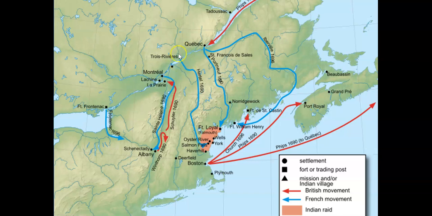Over time, some of those survivors were sold to French people in Montreal. Other survivors were taken to the different Iroquois villages. Some were adopted into families, some were kept as slaves of the Iroquois.